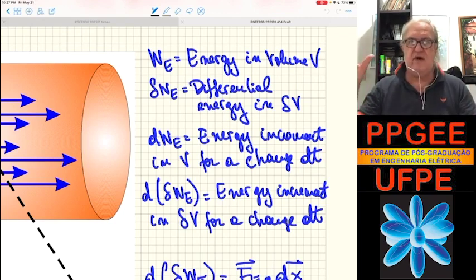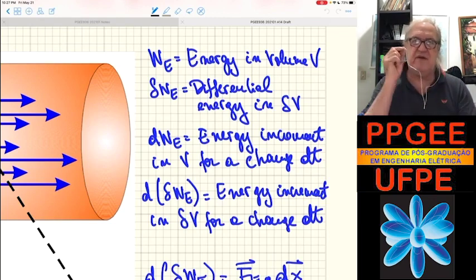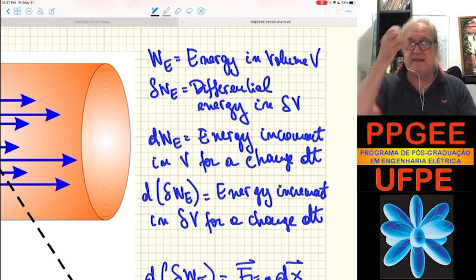Okay? So it's a double differential. We have a macroscopic volume. You go to a differential volume, right? You have one differential. The other differential is a small increment in time. How much energy does that give?